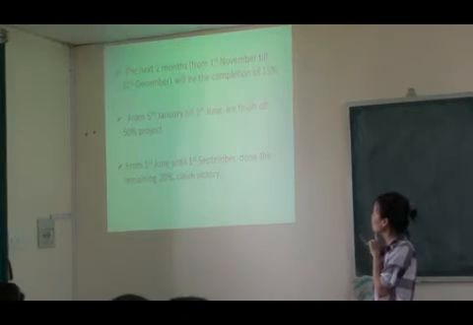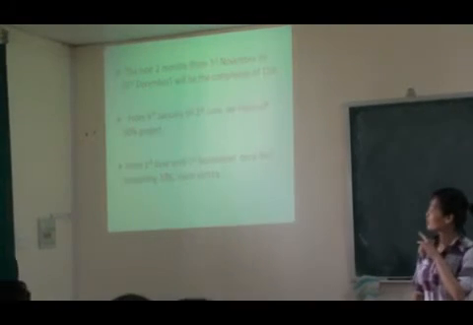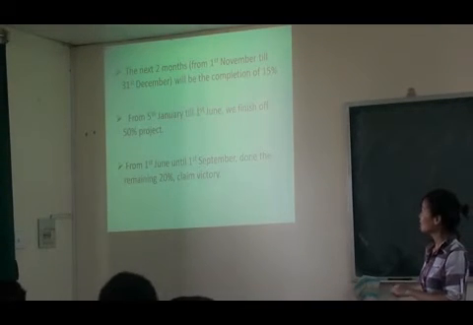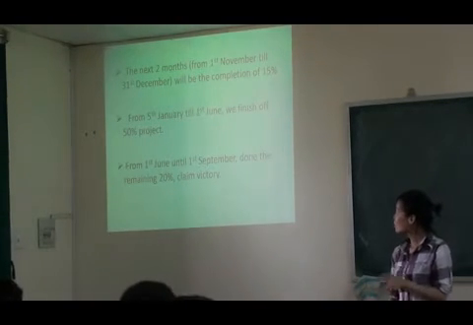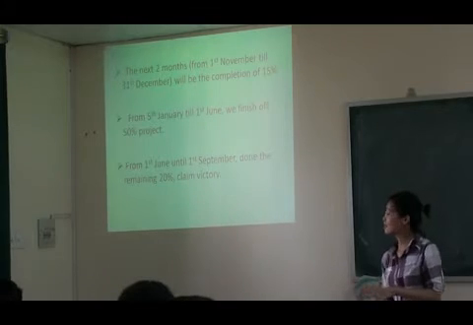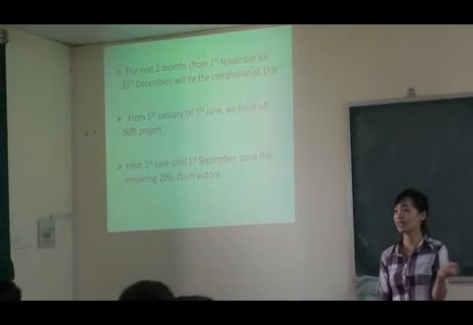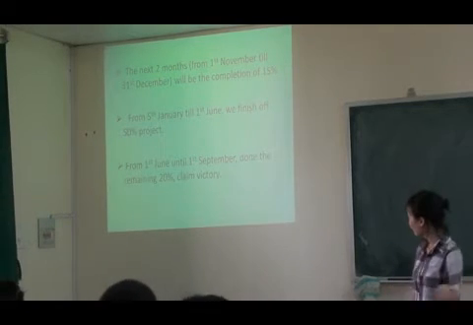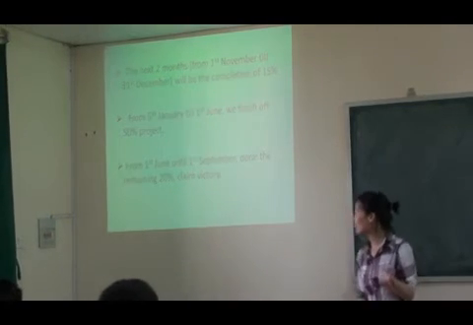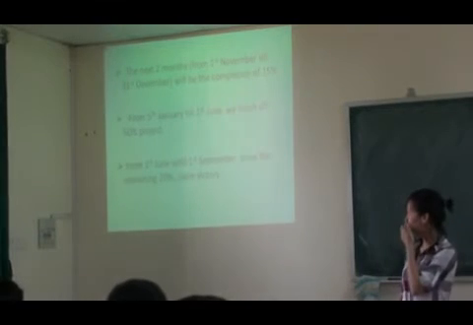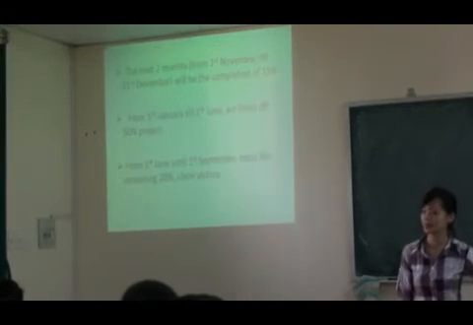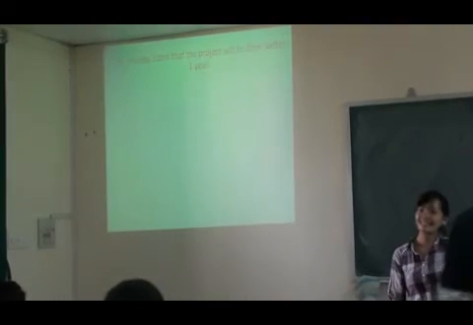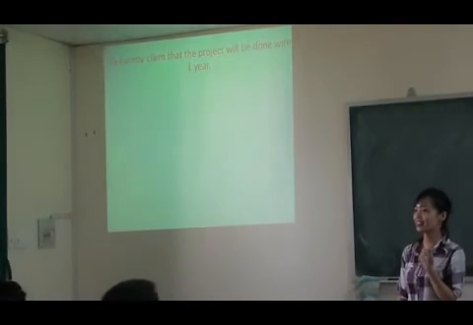From January to June, we will invest 50% of the budget, and in the last 3 months, June to September, which is the rainy season, there is less time for working outside. So in those 3 months, what we make is about 20% of the budget. And in total, we can finish in 1 year.